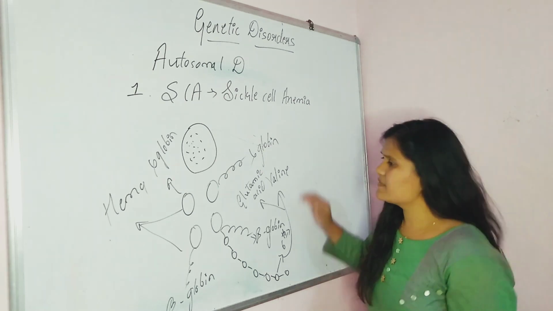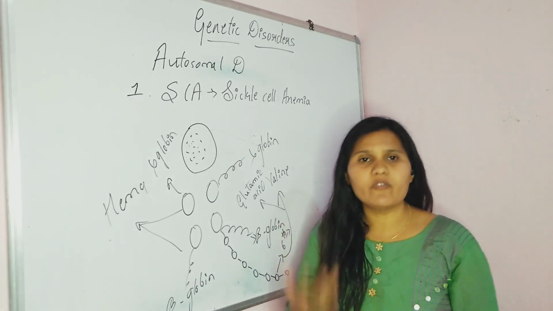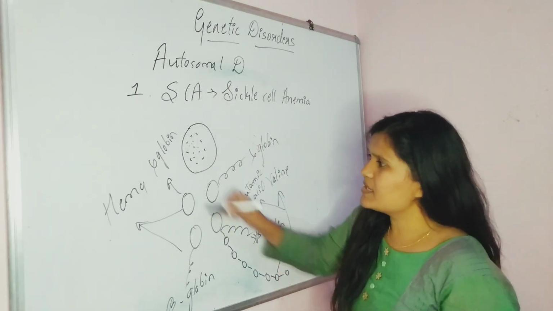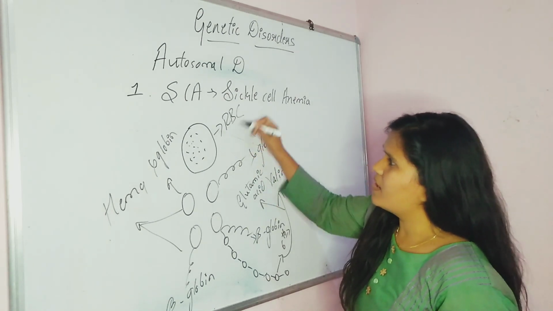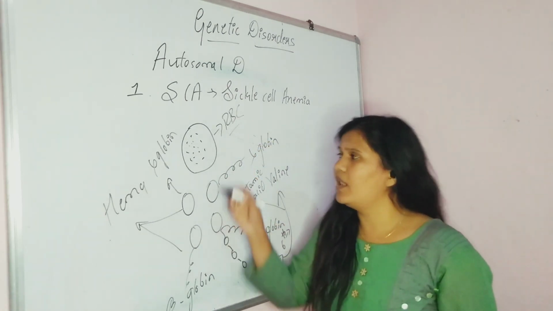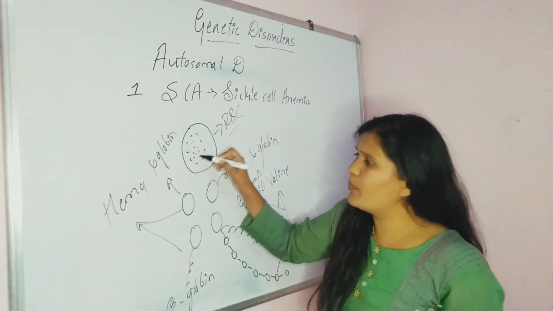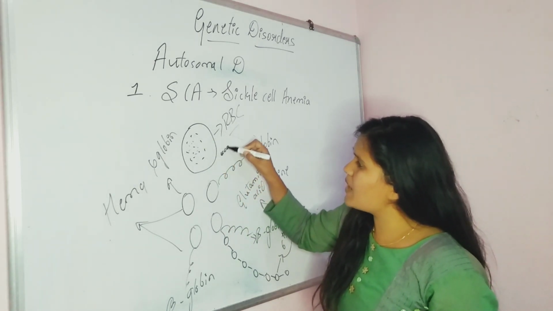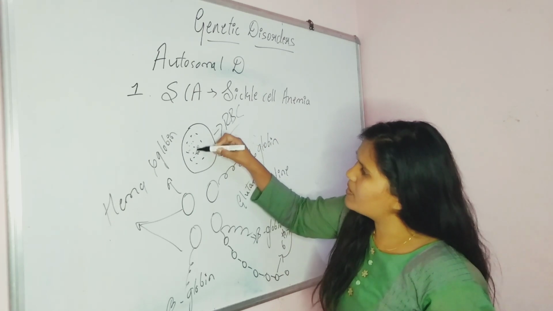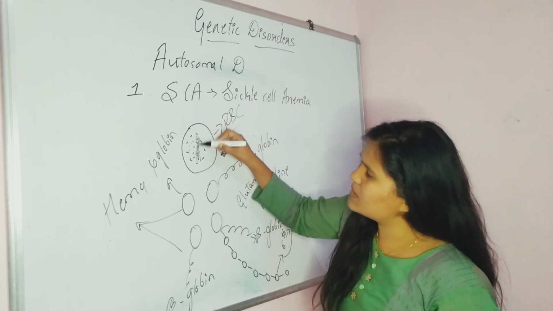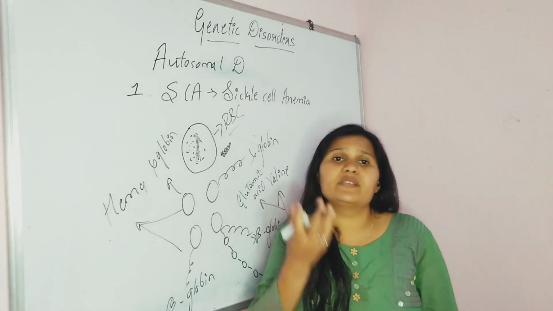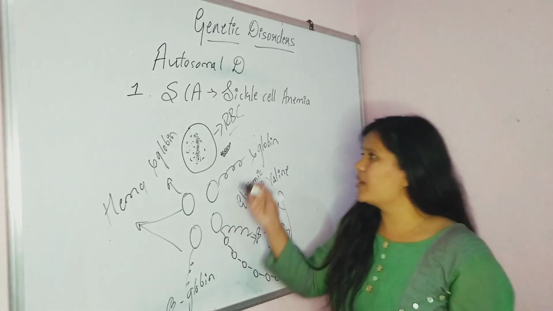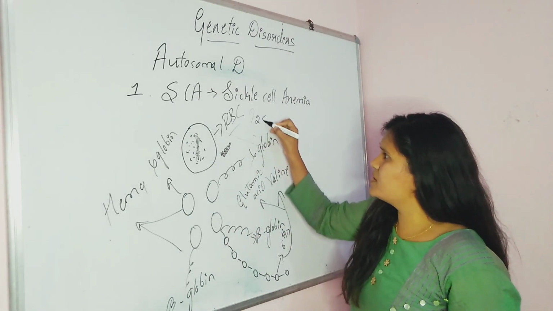After this, when valine is produced, what will happen? See, this is the RBC cell, right? So here in the RBC cell, these hemoglobin molecules will collapse on each other. They will come into a single position. Due to this, there will be oxygen stress.